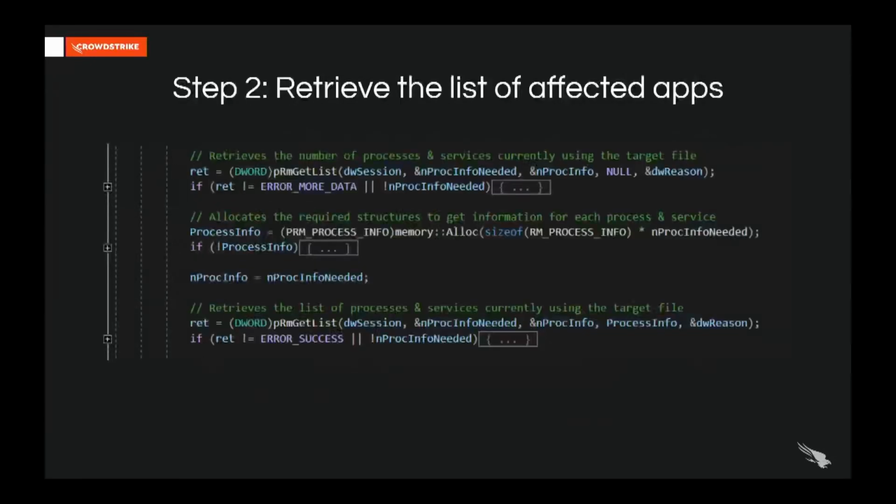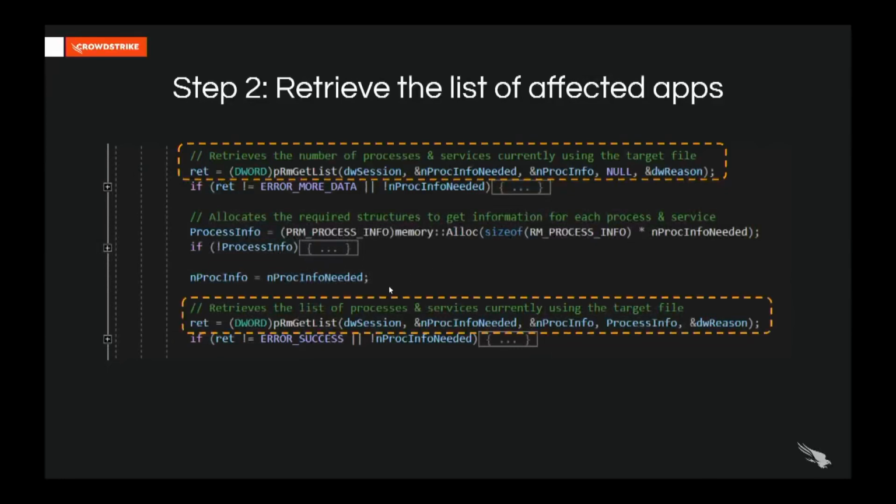Then they perform a first call to RmGetList to retrieve the number of affected applications. With this number, they allocate the correct structure that will receive the information, which is a Restart Manager structure called RM_PROCESS_INFO.